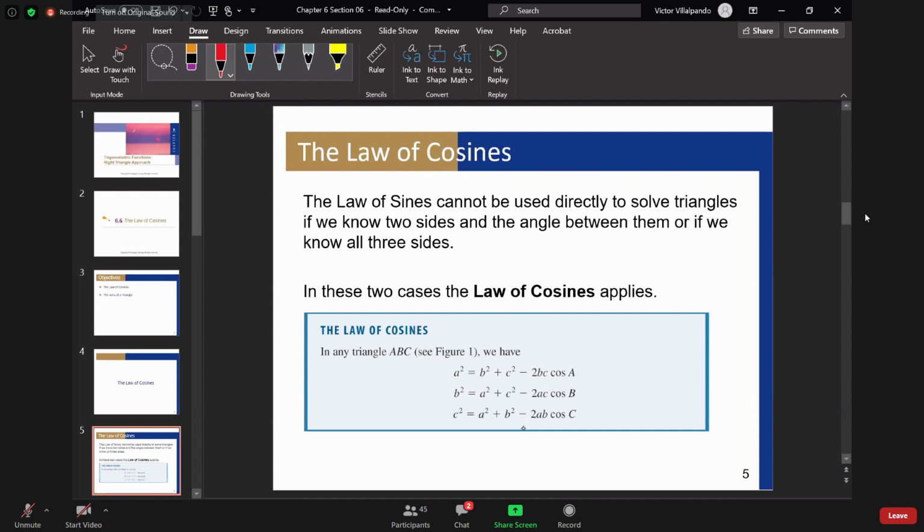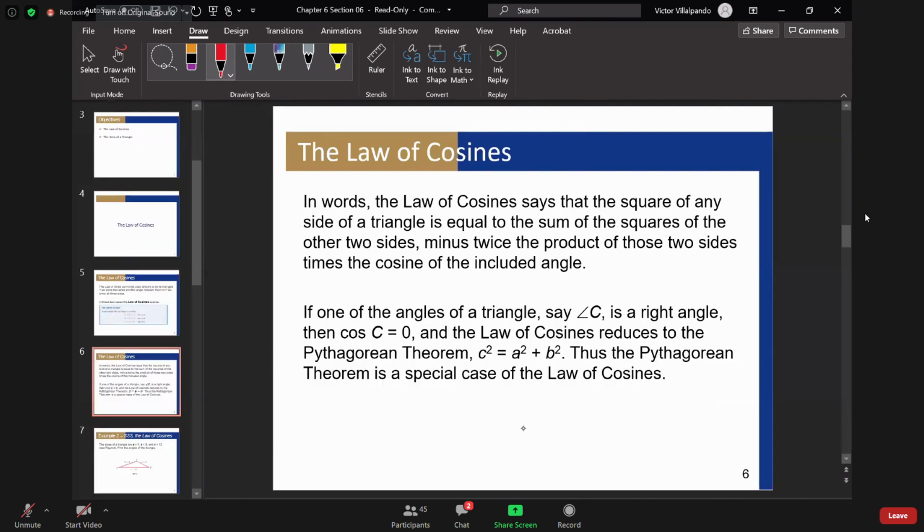In words, the law of cosines says the square of any side of a triangle is equal to the sum of the squares of the two other sides minus twice the product of those two sides times cosine of the included angle. That's what I was saying earlier, a pattern in each formula.